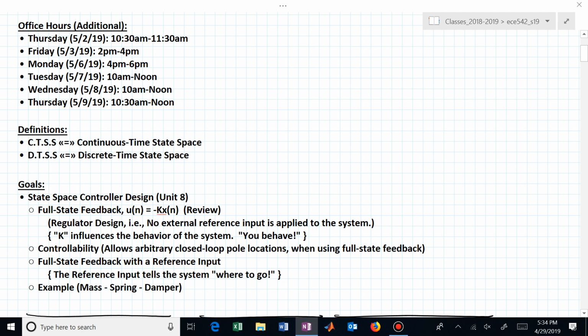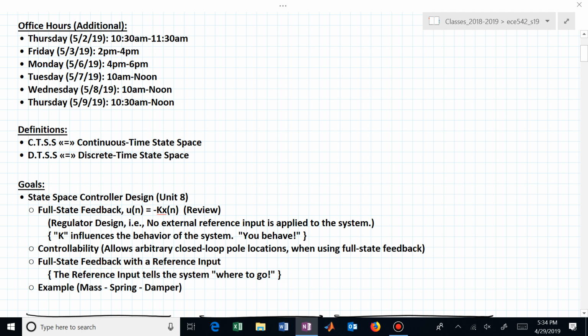This will now regulate everything to 0 or to a steady state condition, which is 0 after starting at some initial condition location. And that K, that full state feedback gain matrix, tells the system how to behave, and we may want to do more than that.